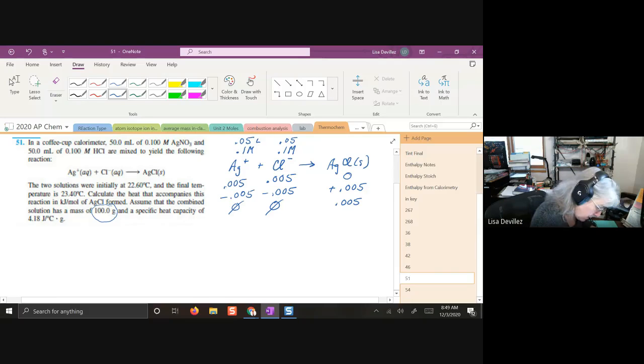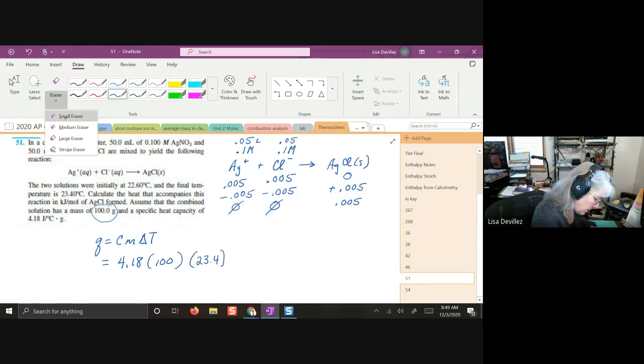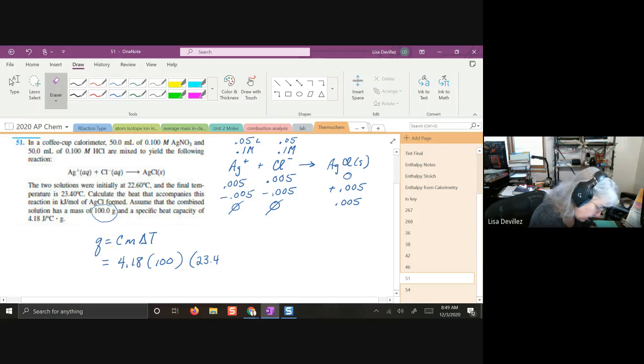Okay, so we'll do our Q equals C m delta T, and 4.18 of a mass of 100 and final temperature 23.4, and oops, what am I doing? Then the initial was 22.6.